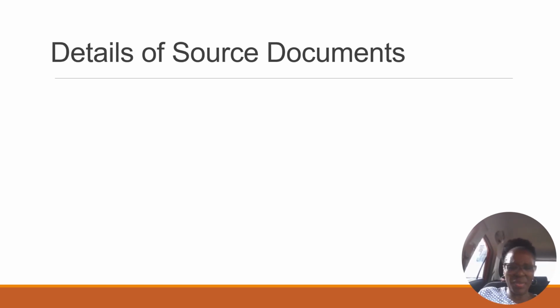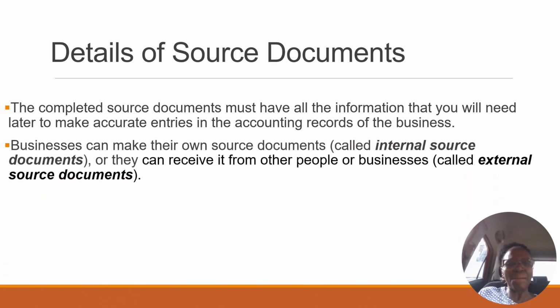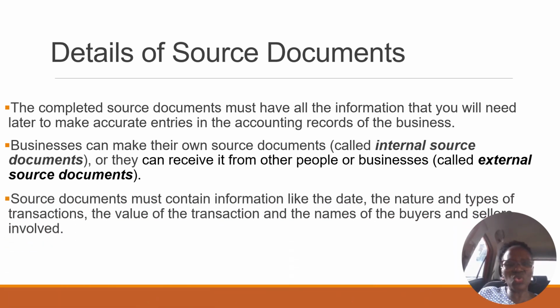Details of source documents. You must be able to know what must appear in the source document. The completed source document must have all the information that you will need later to make accurate entries in the accounting records of the business. Businesses can make their own source documents, called internal source documents, or they can receive them from other people or businesses, and they are called external source documents.